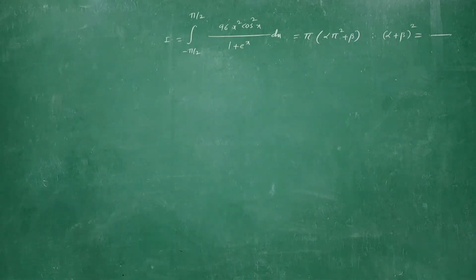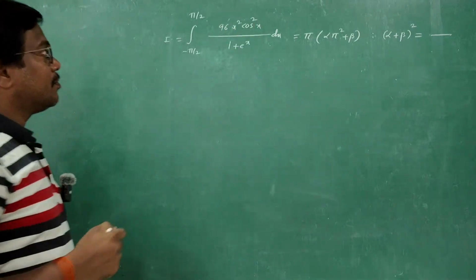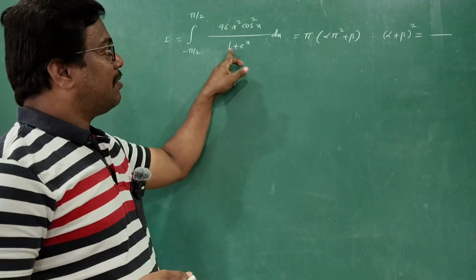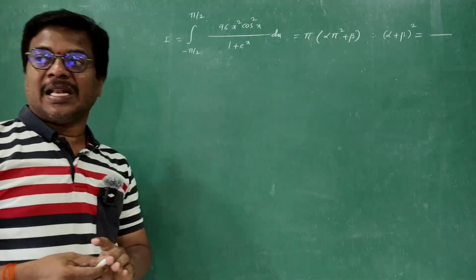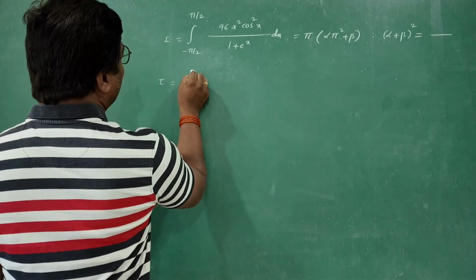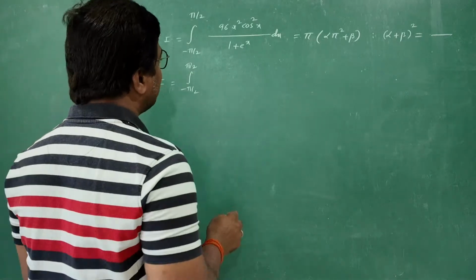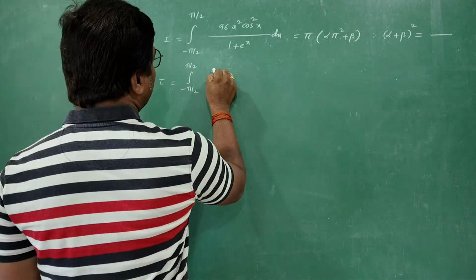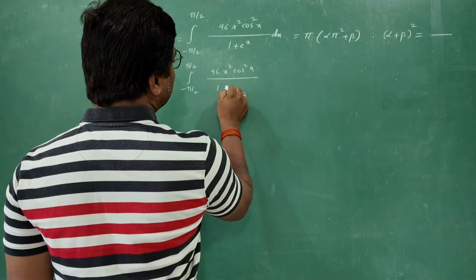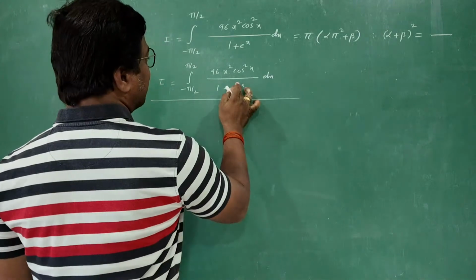See, x square cos square x are even functions, but 1 plus e power x is neither even nor odd. So go with the king property. When I write limits minus pi by 2 to pi by 2, applying the king property, it becomes 96 x square cos square x divided by 1 plus e power minus x, right? e power minus x into dx.